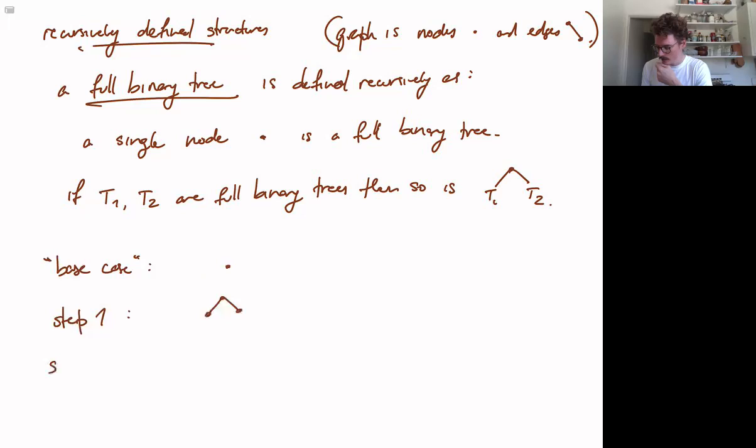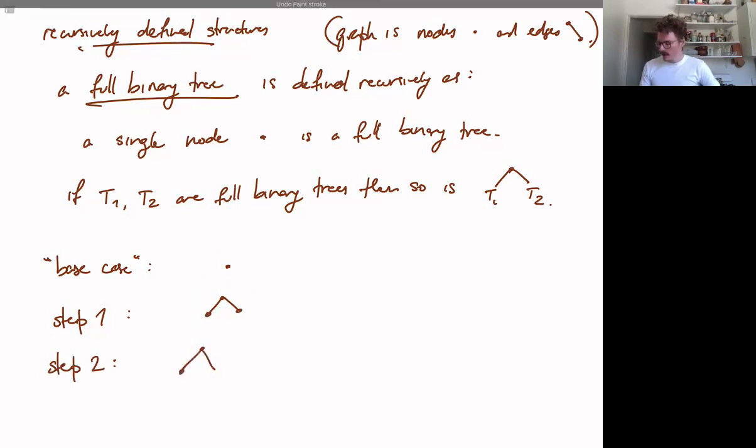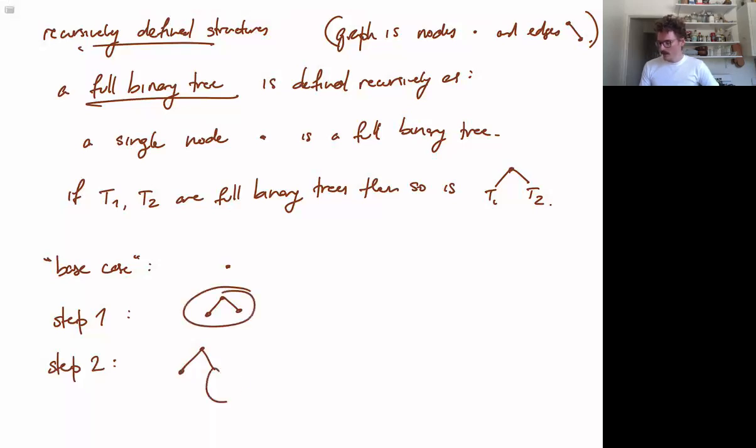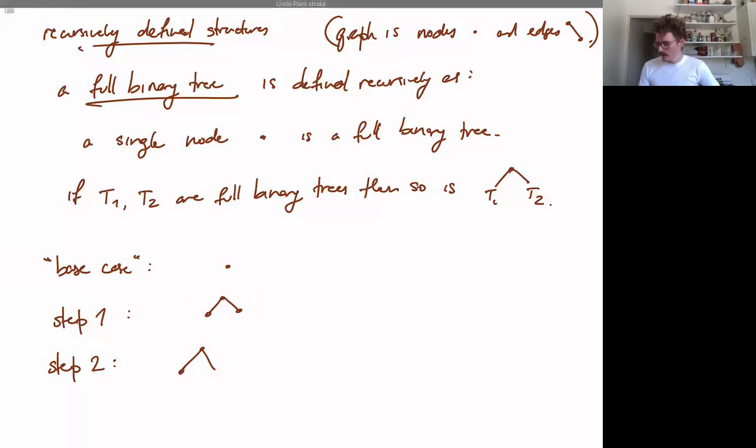So step 2, we start with a node, and on each leg, we put a full binary tree. So if we just put a node in each place, we already have that, we got this. So instead, let's put a node on this one, and let's put this guy on this leg. So it looks like this.